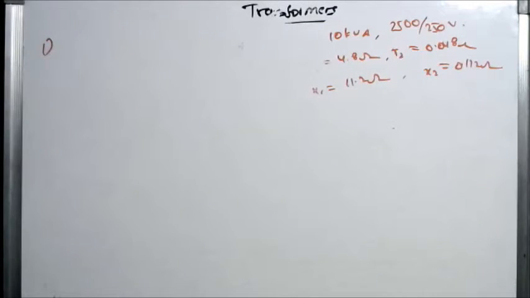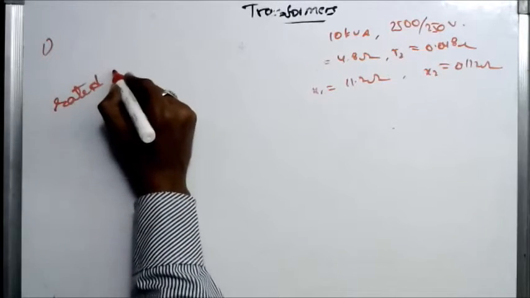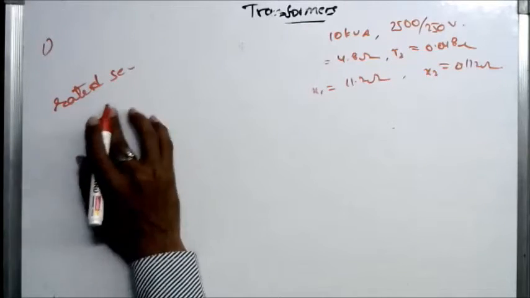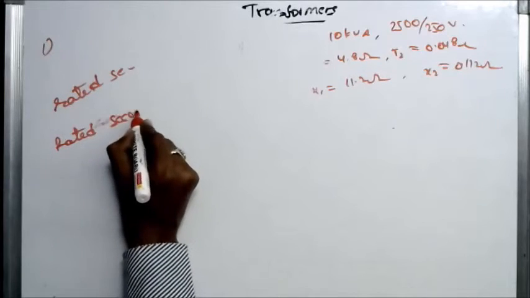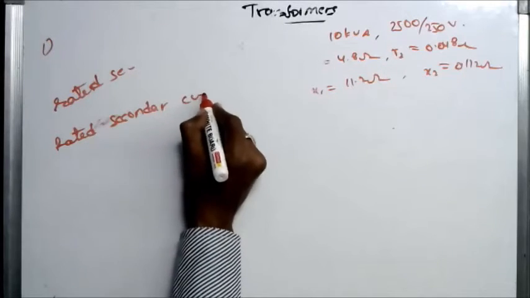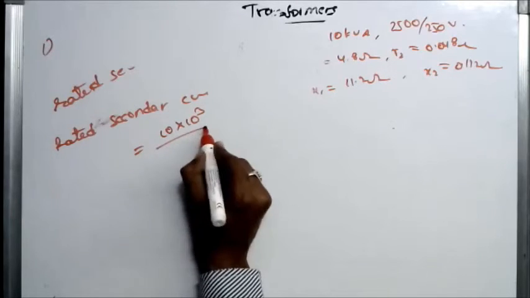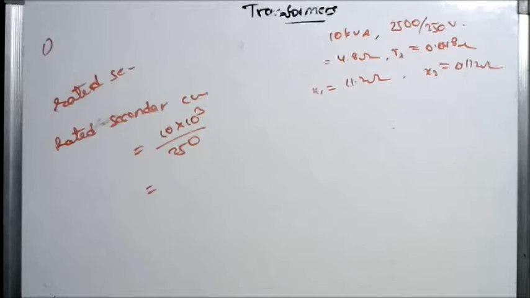Here he has given the power factor and the rated current. What is the rated secondary current? Rated secondary current is equal to 10 into 10 power 3 divided by 250.